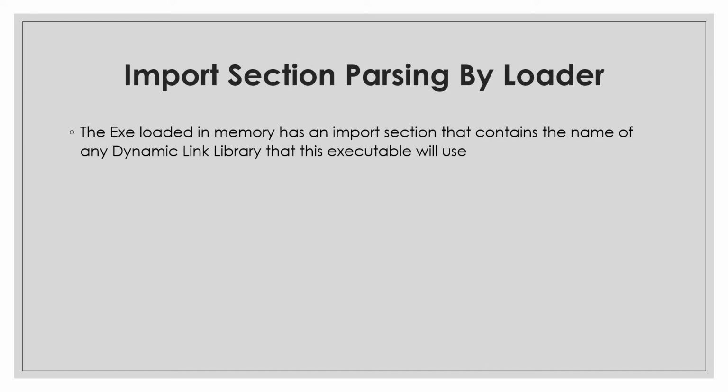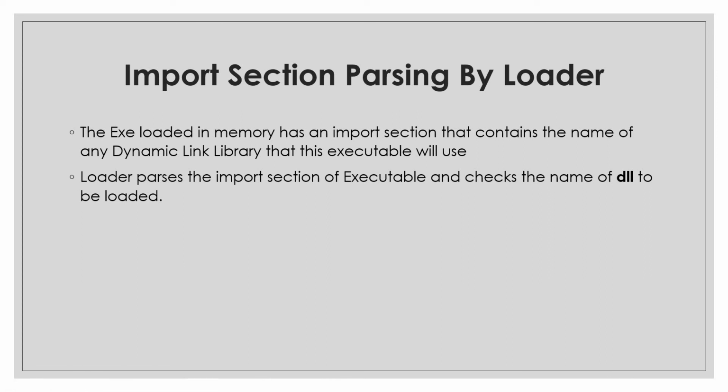There may be a number of libraries that an executable might need to use. So, those libraries which your exe is using also need to be loaded into the virtual address space.